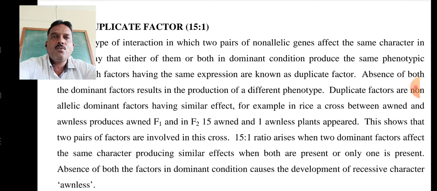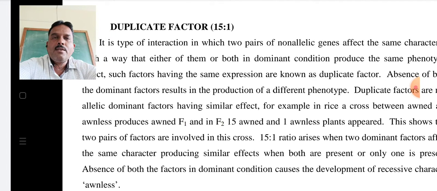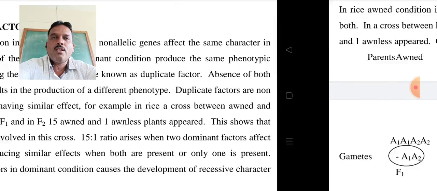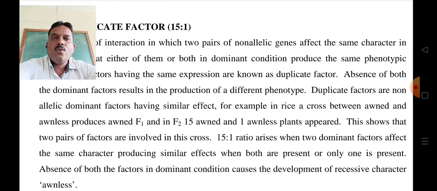But in the case of the duplicate factor, it is different. Either of them or both of them have the same phenotypic effect. Due to that, the ratio will be modified to 15:1. And the last one, only one combination in the last checkerboard is not similar, so it will be recessive. So the ratio will be 15:1.